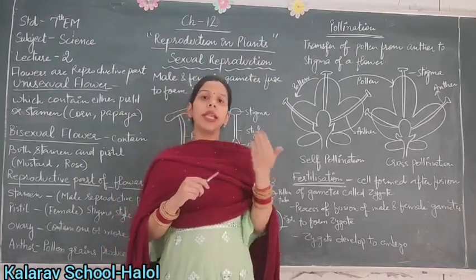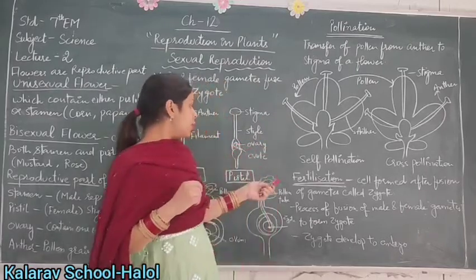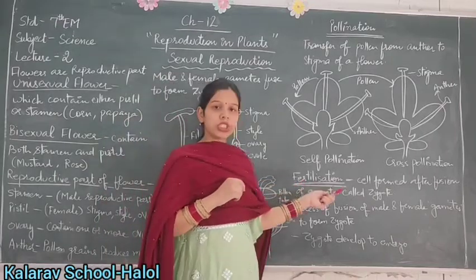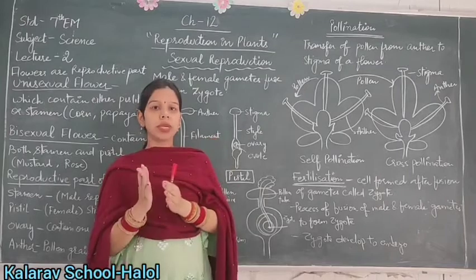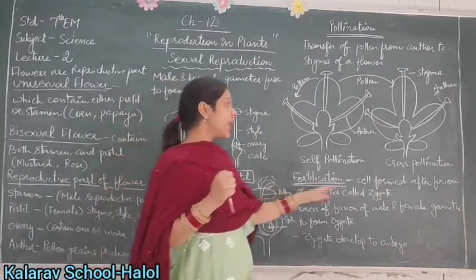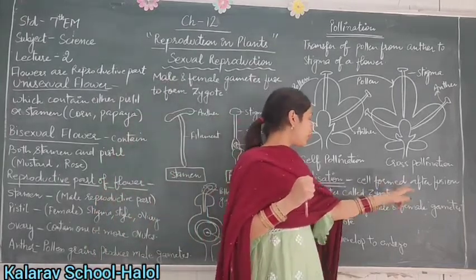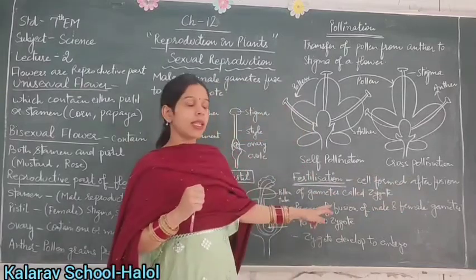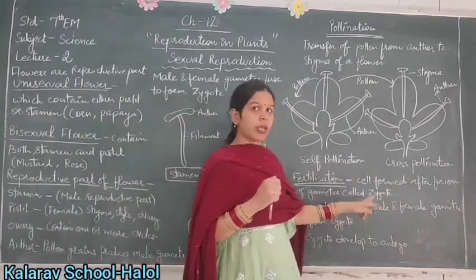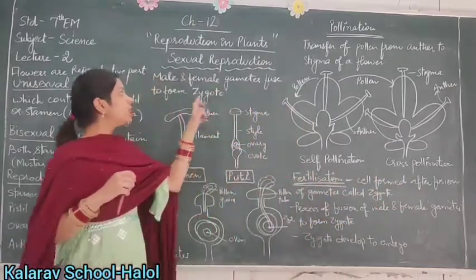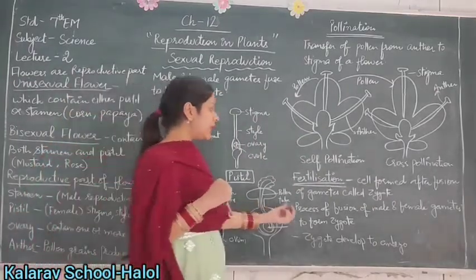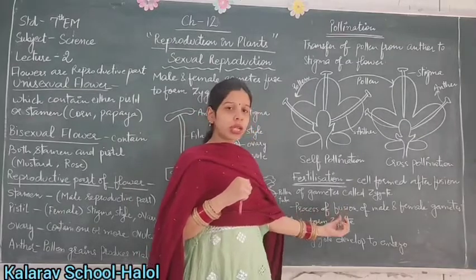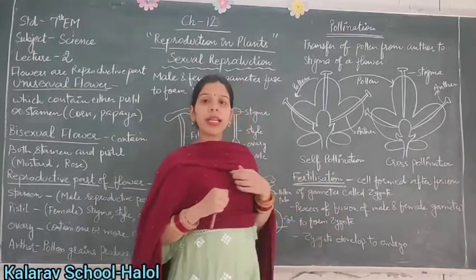Number two is fertilization. When the transfer of pollen from anther to stigma takes place, the cell formed after fusion of gametes is called a zygote. The fusion of gametes forming a zygote is sexual reproduction, and this process of fusion is called fertilization.